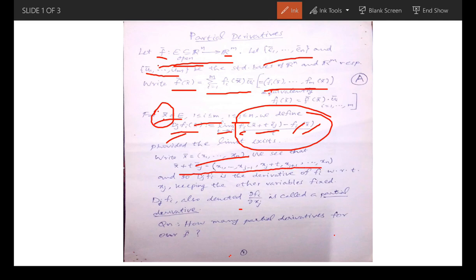It will be precisely this vector x1 etc. xj minus 1, then xj plus t comma xj plus 1 comma etc. xn, using the definition of addition and scalar multiplication in Rn. You have x plus tej is this vector. Now substitute in this equation.